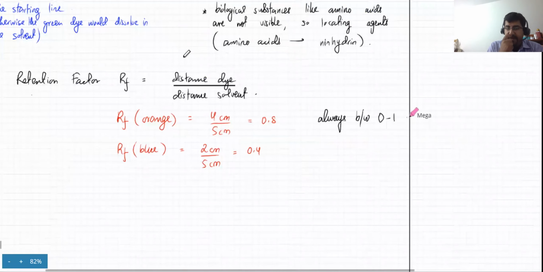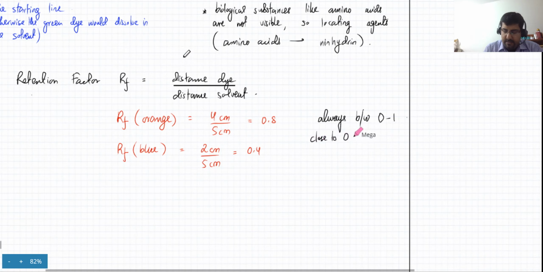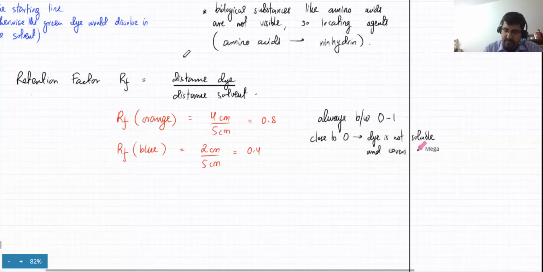So RF values are always between 0 and 1. And if it's close to 0, then that indicates the dye is not soluble, and it travels a smaller distance.